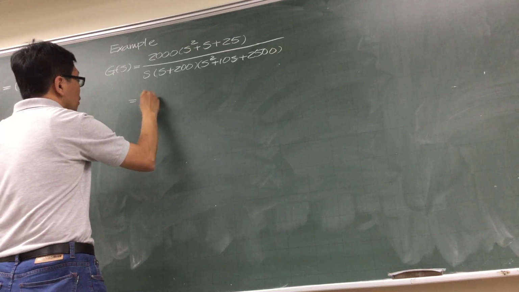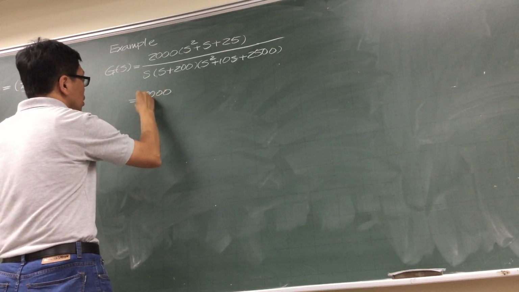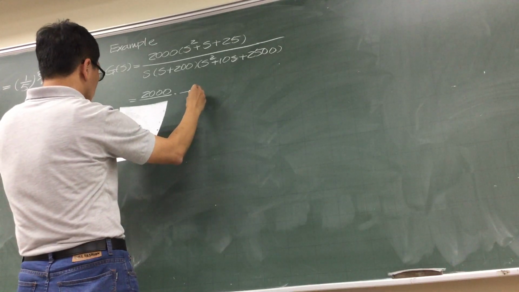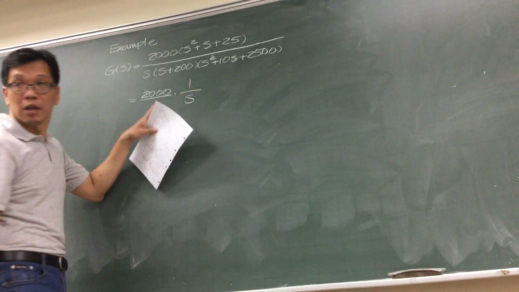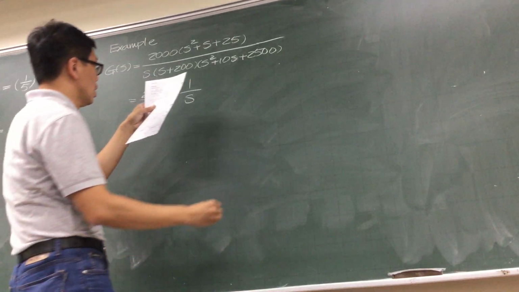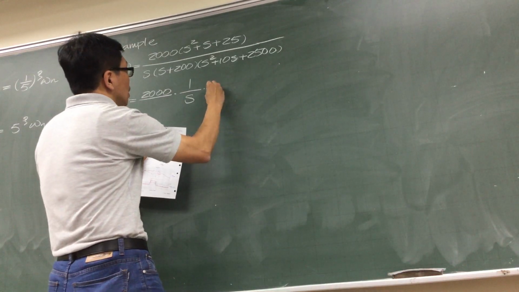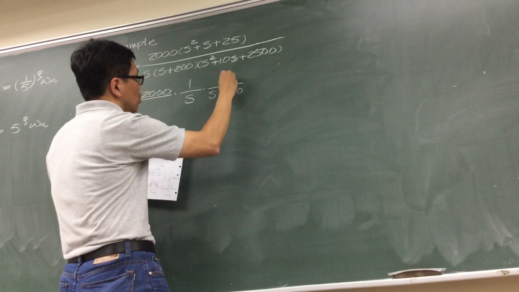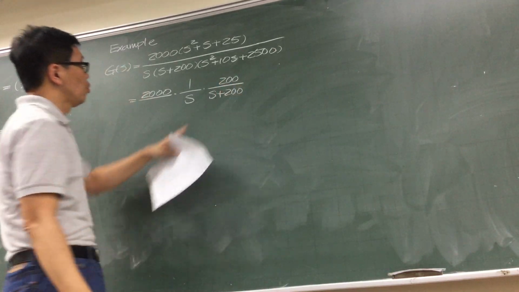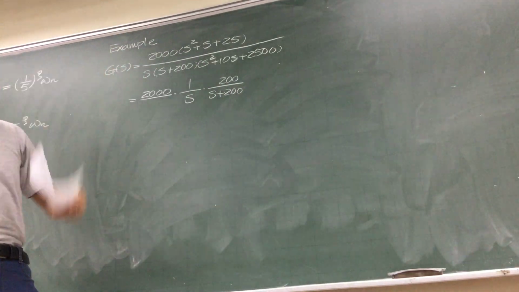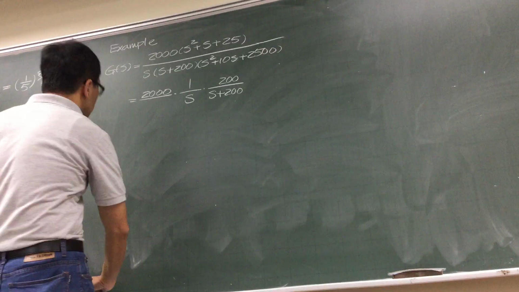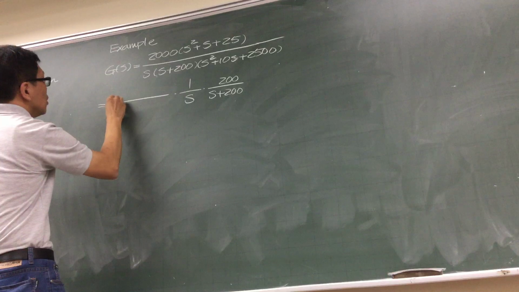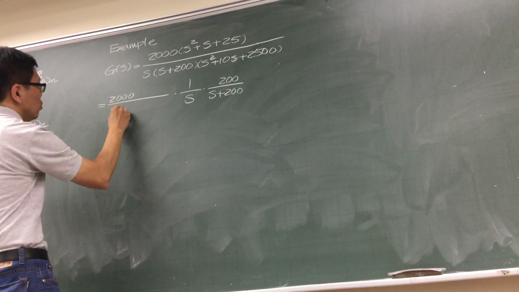So I know I have 2000 in front of everything. I'll start from the poles. That is s over 1. And I have s plus 200. So when I do 200 over here, what do I need to do? Divided by 200.